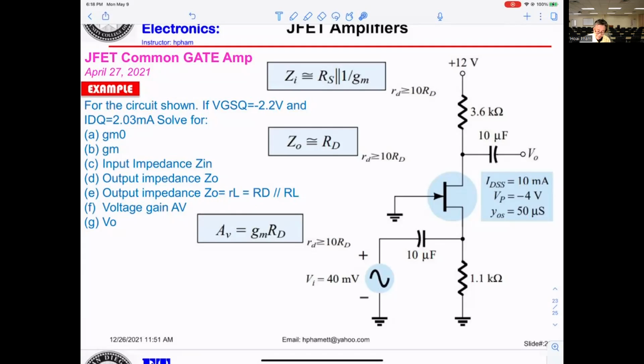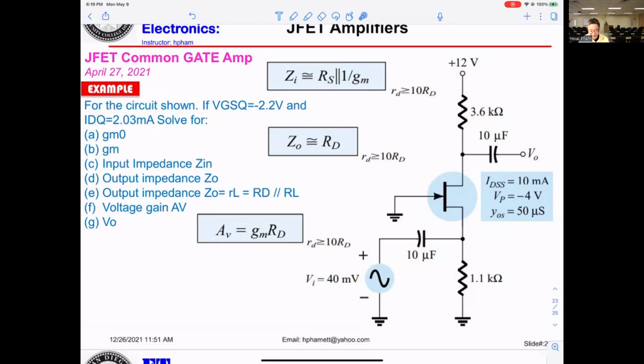The gain AV equals GM times RD in this example. Okay, you want V out. V out is going to be V in times the gain. Also, let me let you know, if I ask any calculation, I will give you the formula. The only thing is you know how to do the calculation.